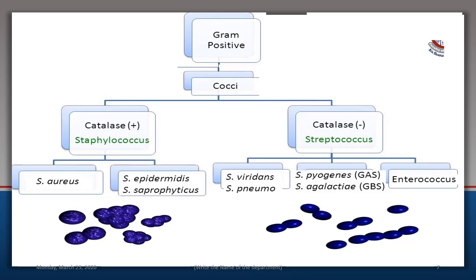Cocci we classify into staphylococci and streptococci, depending on the result of the catalase test. Catalase positive is Staphylococcus and catalase negative is Streptococcus. Staphylococci can be divided into two types according to coagulase: coagulase positive Staphylococcus aureus, or coagulase negative Staphylococcus epidermidis and Staphylococcus saprophyticus.